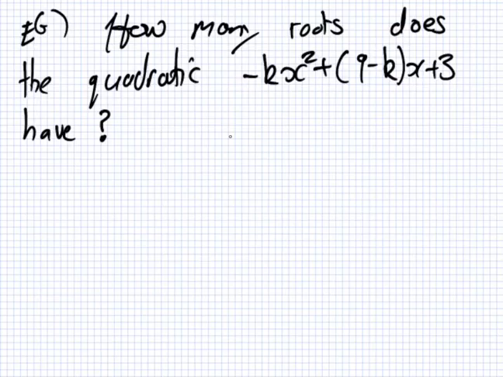That is 16k squared minus 16k squared, which equals 0. So in fact, how many roots? 1. Yeah, 1 root. So even though you don't know what the k is, you can still know how many roots there will be.